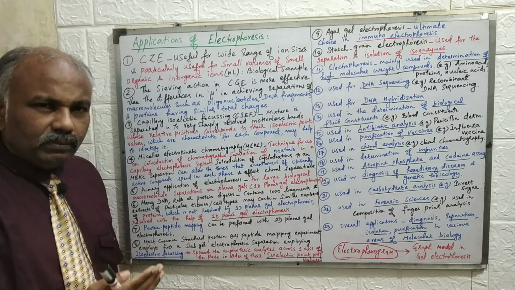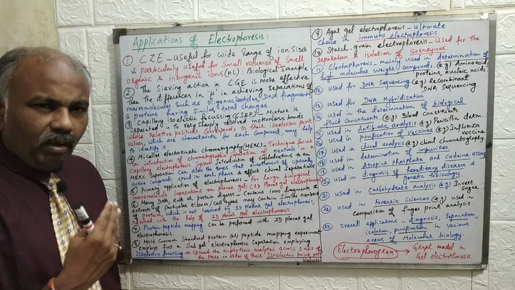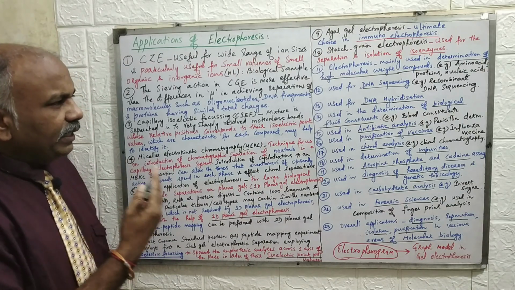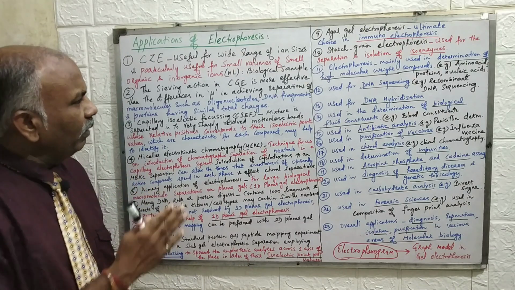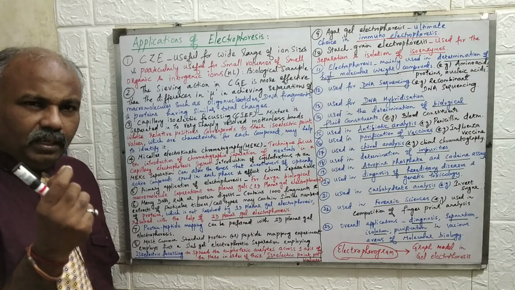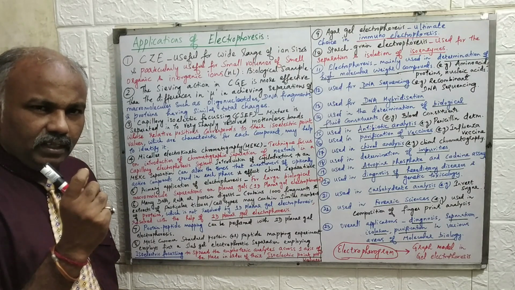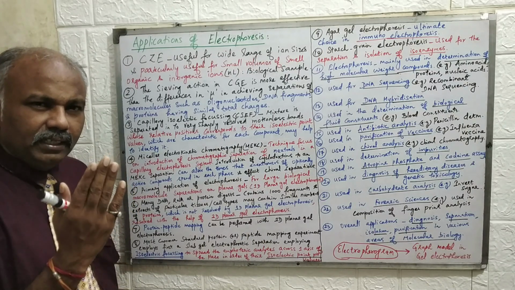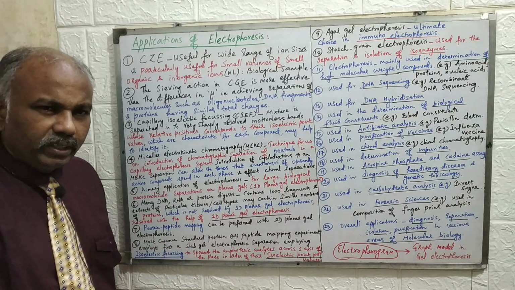So this is also one of the important applications. You can separate oligonucleotides or proteins or any type of DNA fragments having similar total charges. We can easily estimate them with the help of capillary gel electrophoresis because of the sieving action, and whatever gel material we are using has a selective sieving effect, and the molecular weight of the sample can be easily identified. So size and molecular weight play a crucial role here.